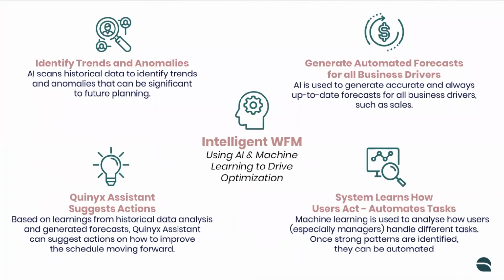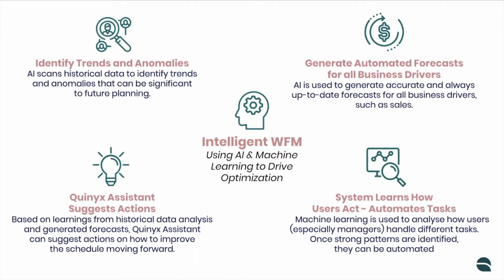Again, not to read through everything that's on this slide, but just a couple of key pointers as general points. Obviously, our overall aim is to create an intelligent workforce management system using AI and machine learning to drive that optimization.